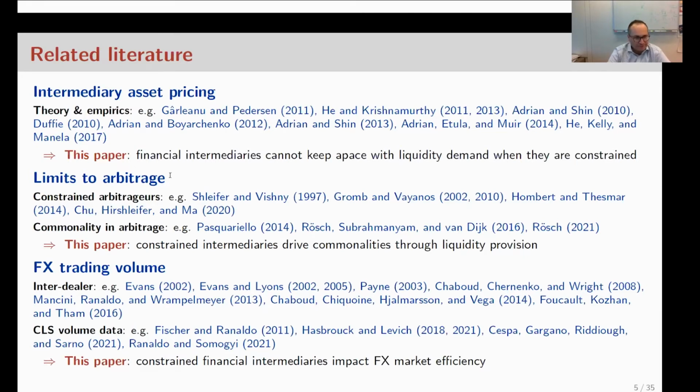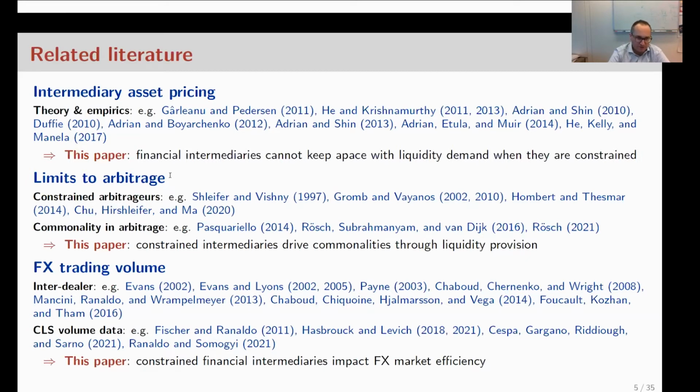And then third is the broad literature on FX market microstructure and trading volume. I would say here the focus has typically been a bit less on trading volume itself, but there are a few exceptions recently that are listed down here below.